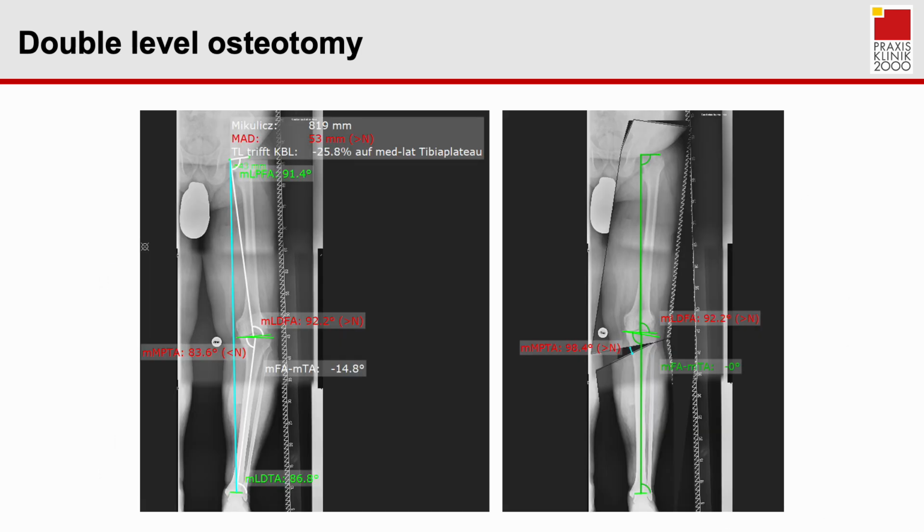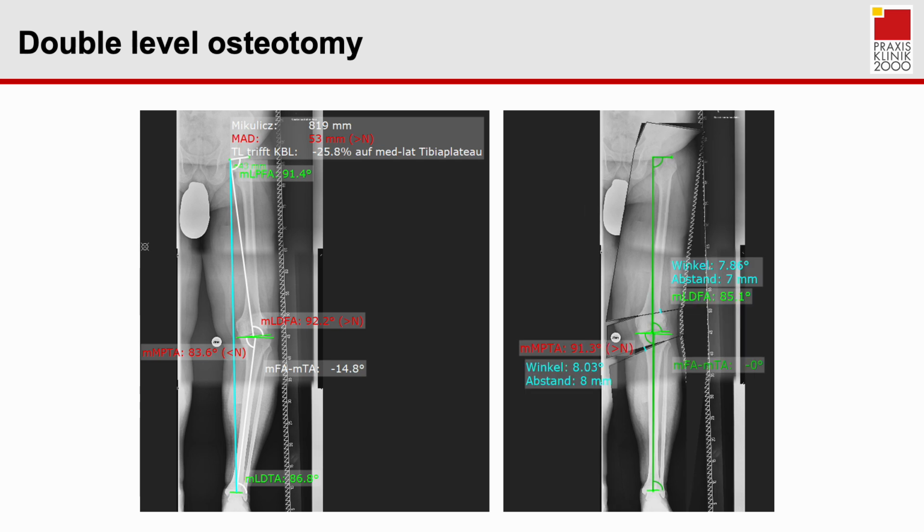This is an example of a problematic HTO. On the left you can see the deformity analysis with a severe varus deformity of almost 15 degrees with a pathological MPTA and a pathological LDFA. If this deformity is corrected by a single HTO, it will result in a pathologically high MPTA of 98 degrees and hence an oblique joint line.